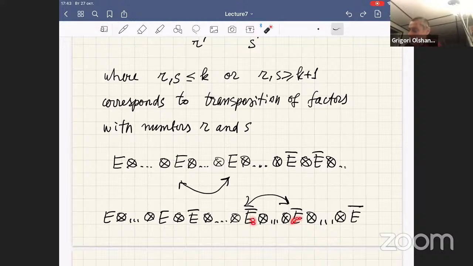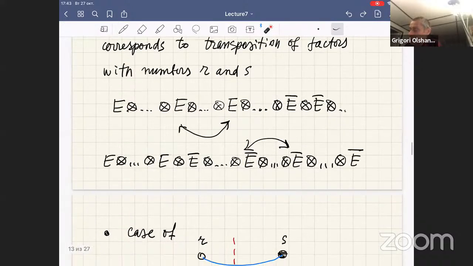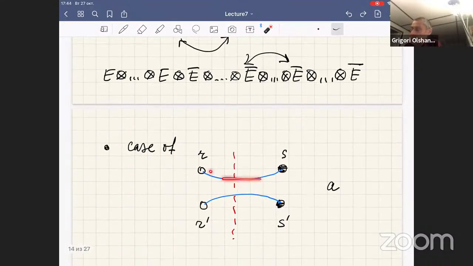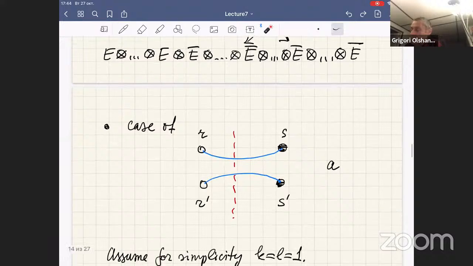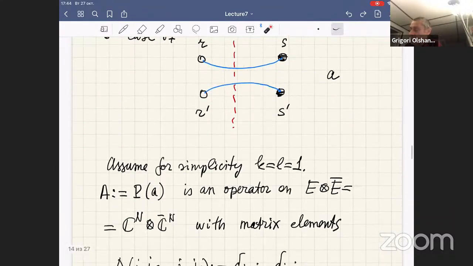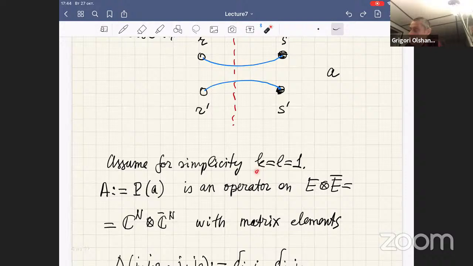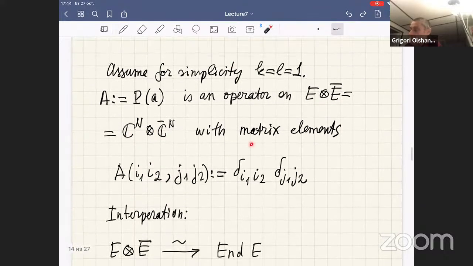But what happens in this case? In this case, it turns out, assume for simplicity that we have only two factors. So the operator that we want to explain, to construct, is a certain operator on this tensor product of two spaces, with matrix elements given by this condition.